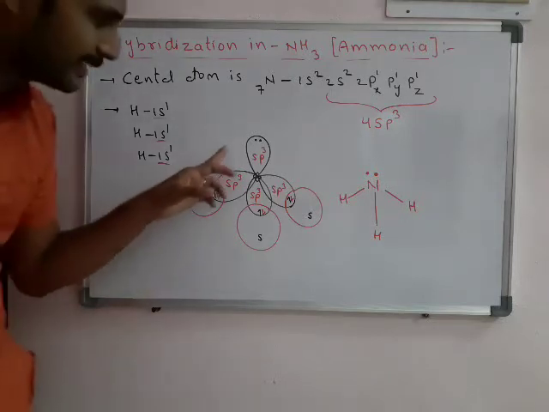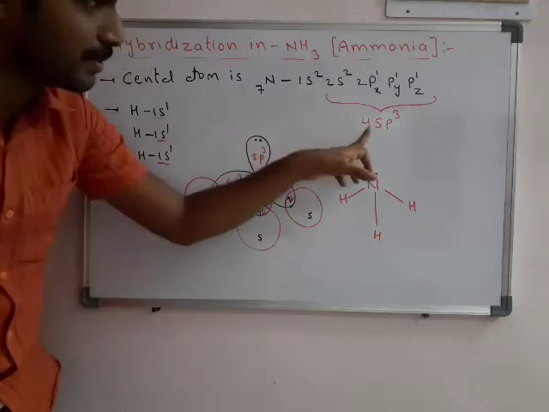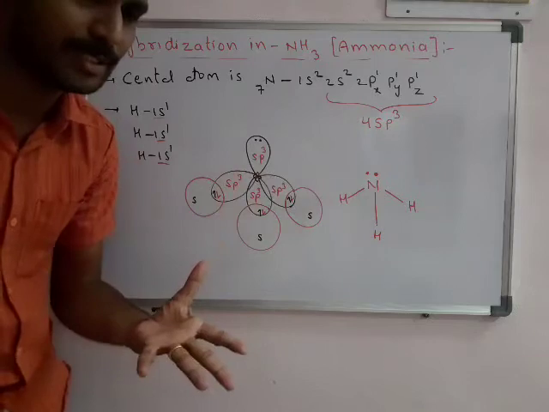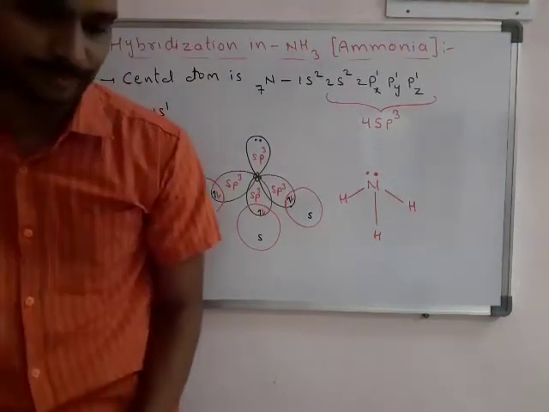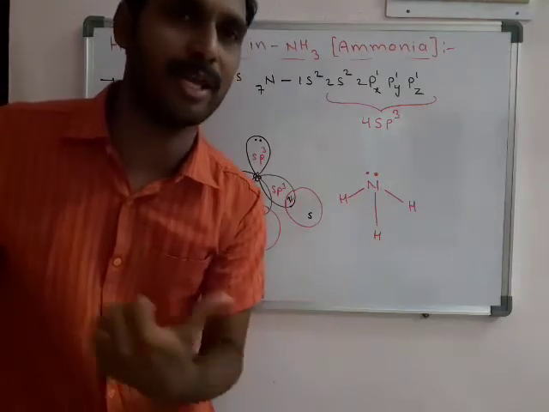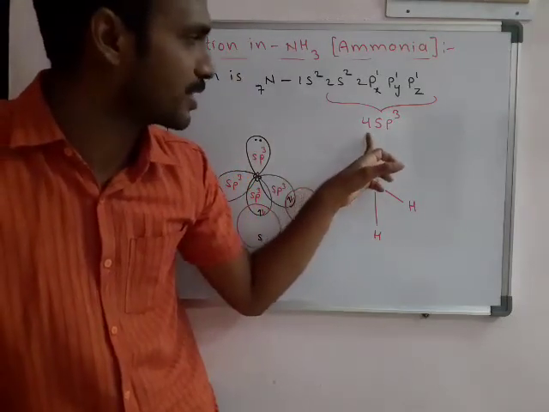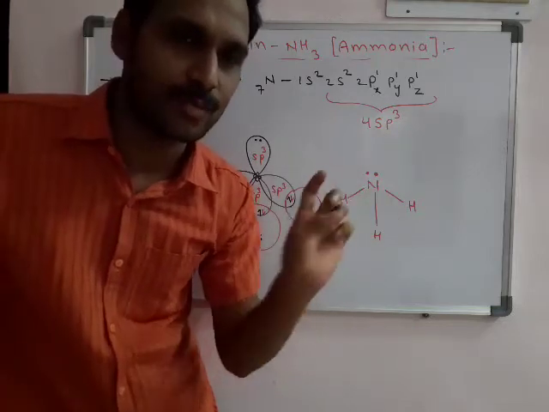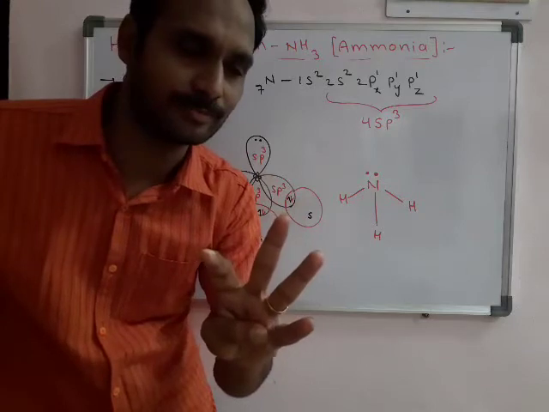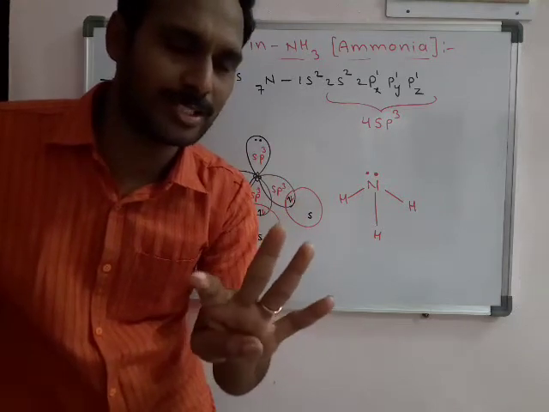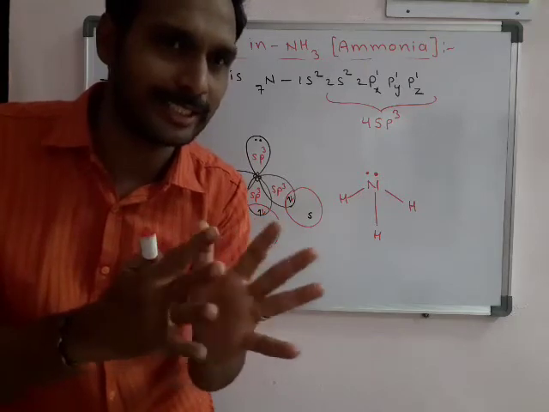If you see only the hybridization, that is sp3 hybridization. Here is a very important thing, and that's why we selected ammonia for discussion. Here nitrogen undergoes sp3 hybridization. We know that the 4 sp3 hybrid orbitals are arranged in tetrahedral shape.